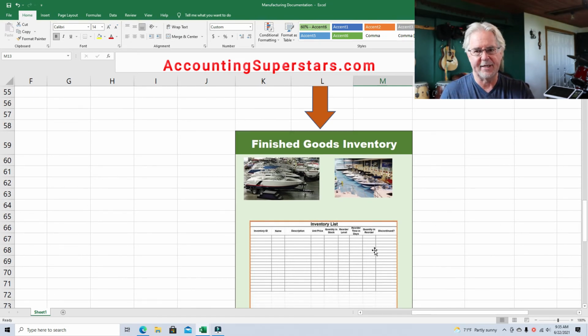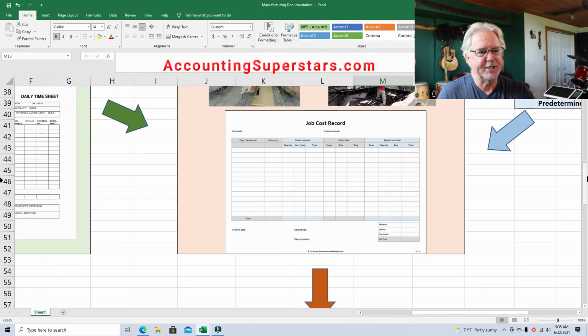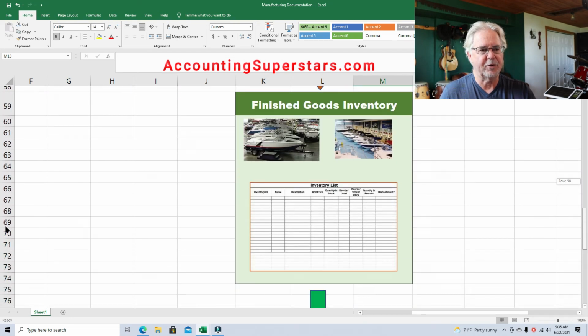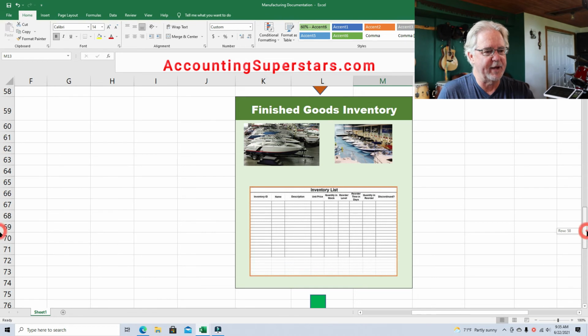All right, so it's entered in at the cost. And so here we have a lot of boats here in finished goods and a whole lot of boats over here in finished goods. And so they would have a record of all their inventory. And so these completed job cost sheets serve as a basis of this inventory. So everything is all connected together. It's just one big giant connected organism in a way.